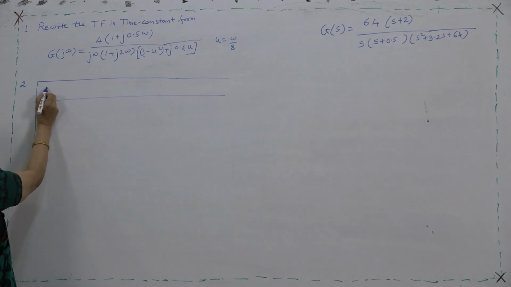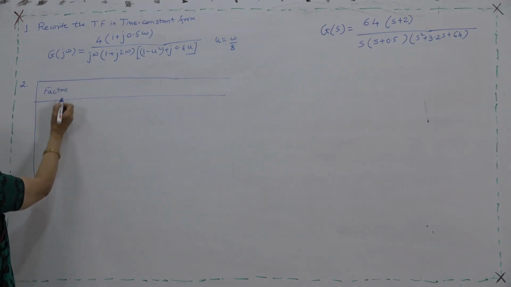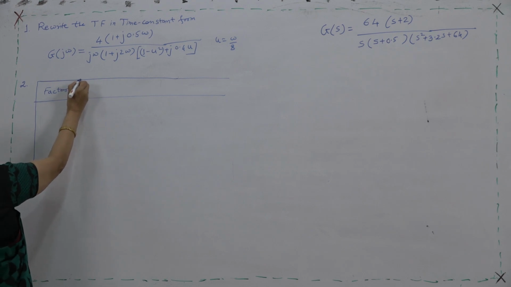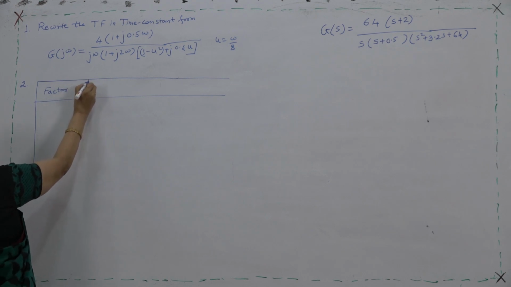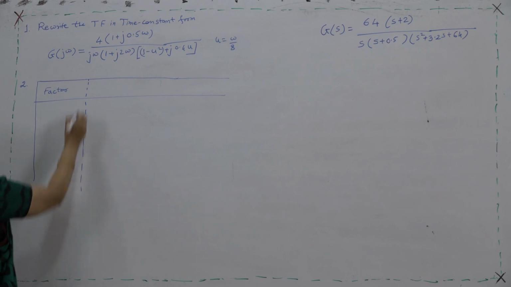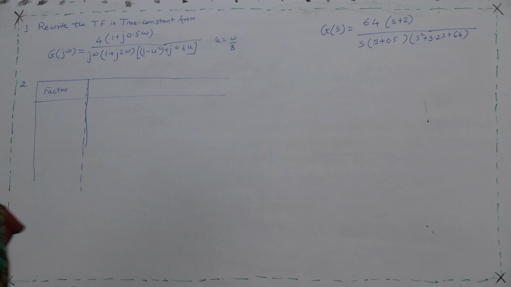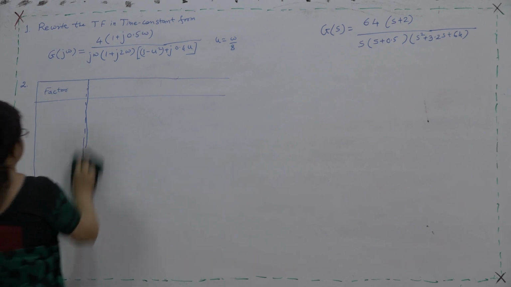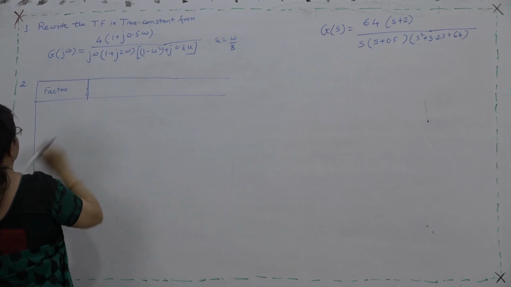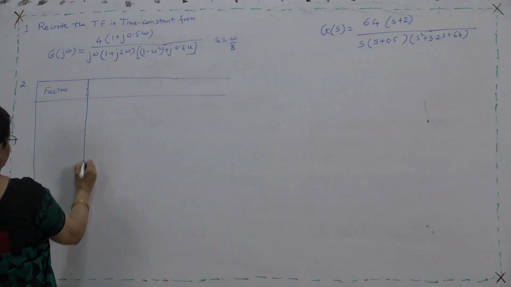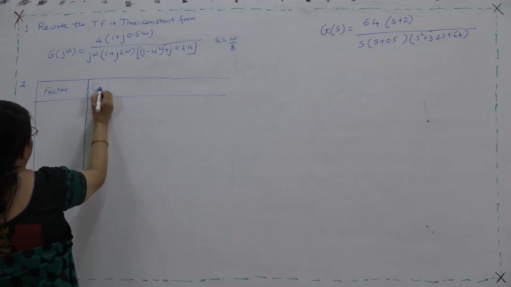First is the factor, serial number you may write or you may not write. So, first is the factor which you are considering. Second is the corner frequency.